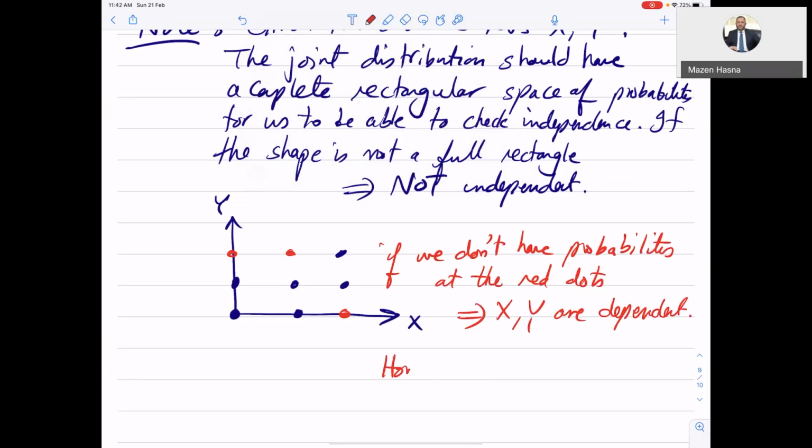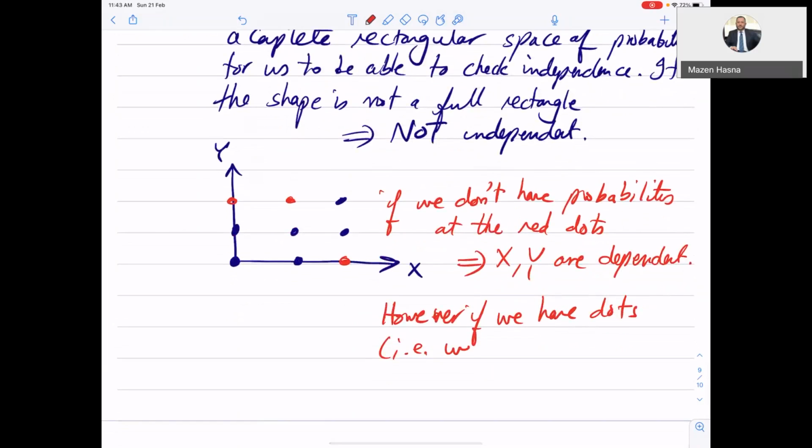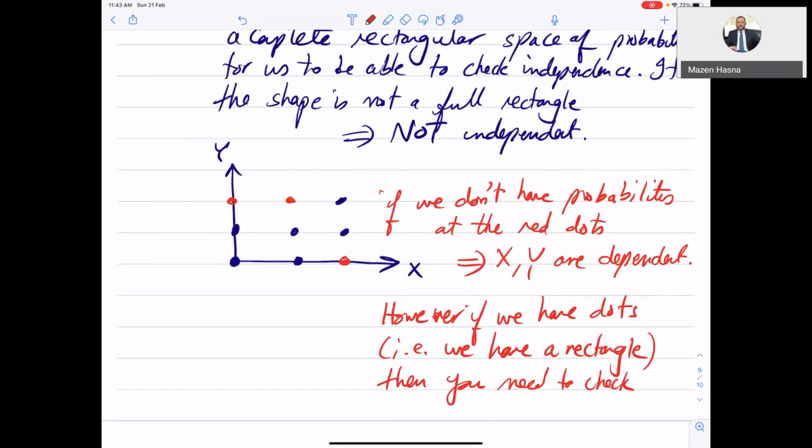However, if we have dots, which means we have a rectangle, then you have to check, because in this case they can or cannot be independent.